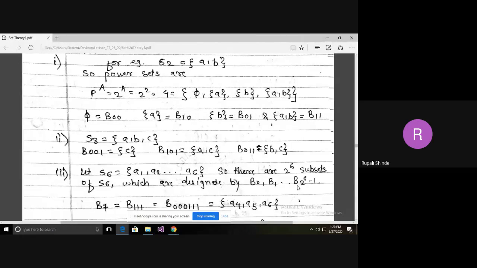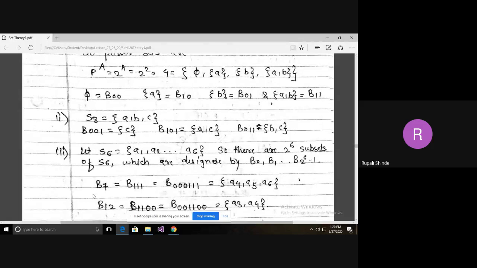Now here they have given that we have to find out the set which will represent B7. First of all we have to find out the binary representation of 7. I think you have seen this in DT, how to find the binary representation of any number.